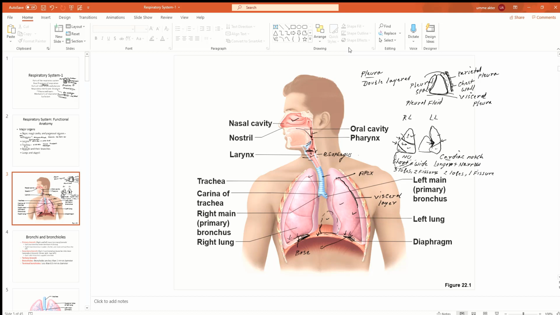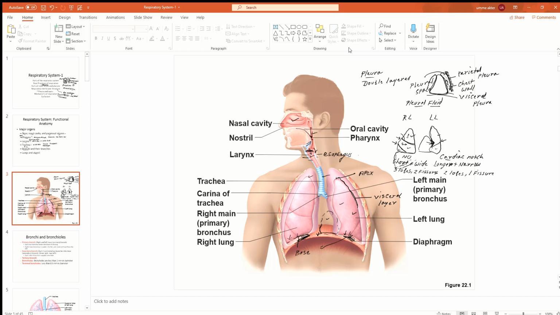And these two layers move in opposite directions, and this pleural fluid, since it is lubricating, reduces the chance of friction between these two layers, for a smooth movement.